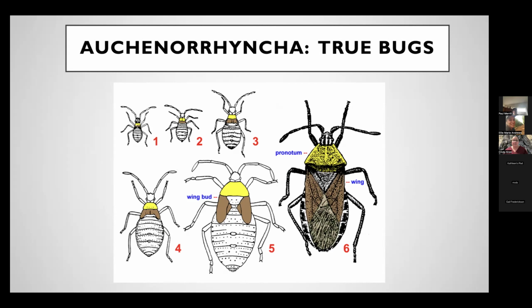And then they become sexually reproductive. So immature stages cannot mate, they cannot reproduce. It is only the adults, once they molt, that will have full wings for most insects. There are exceptions, but this is when they're able to then mate and reproduce.